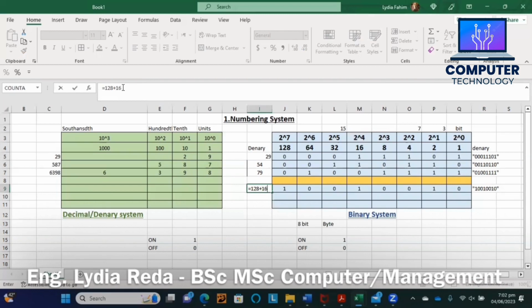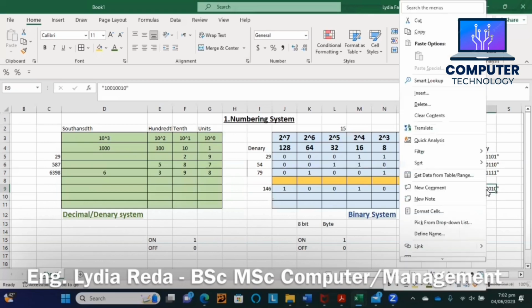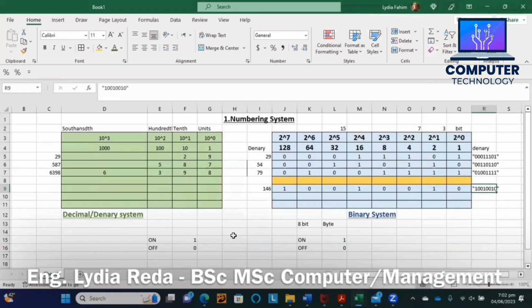So I will add it. 0 times 8 is 0. 0 times 4 is 0. 1 times 2 is 2. So I will consider it. And 0 times 1 is 0. So the analogous denary number for this binary number is 146.